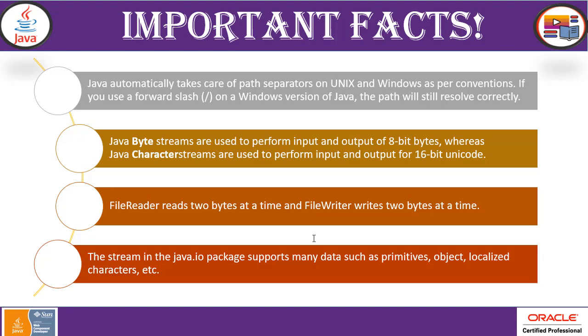Java byte streams are used to perform input and output of 8-bit bytes, whereas Java character streams are used to perform input and output for 16-bit Unicode. FileReader reads 2 bytes at a time and FileWriter writes 2 bytes at a time. The streams in the Java I/O package support many data types such as primitives, objects, localized characters, etc.